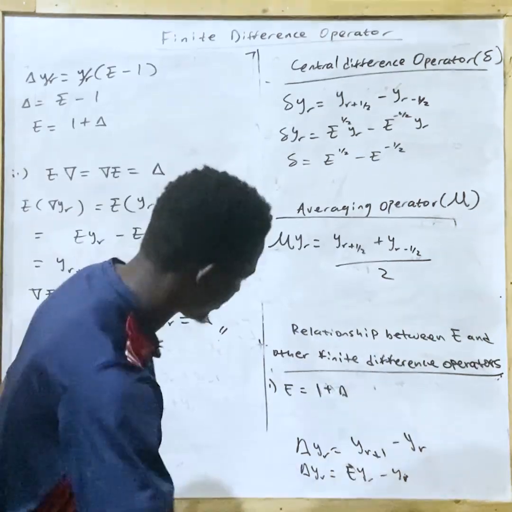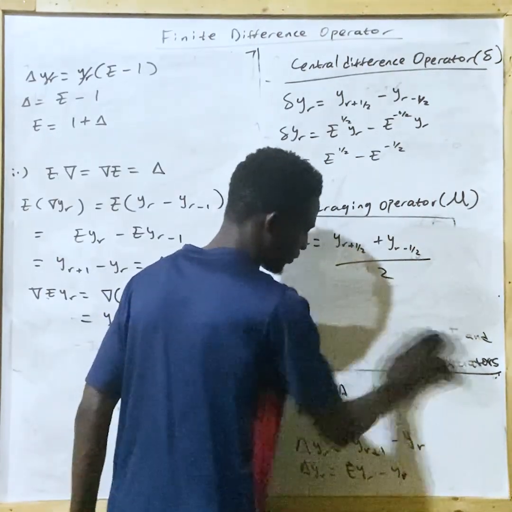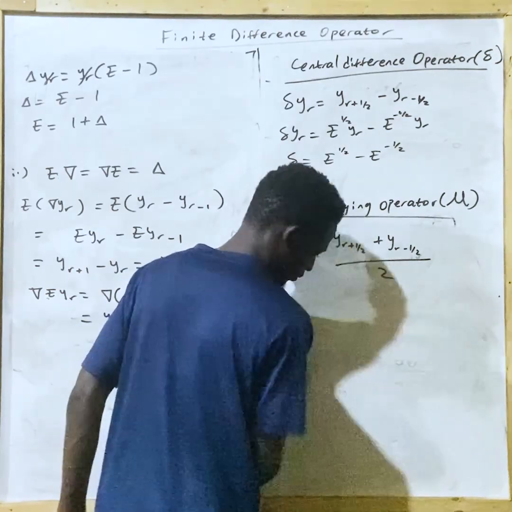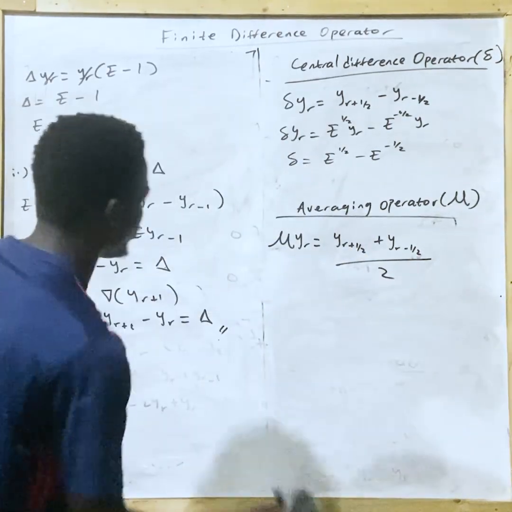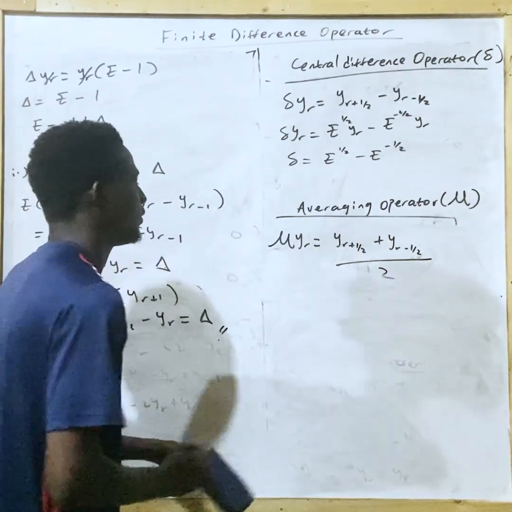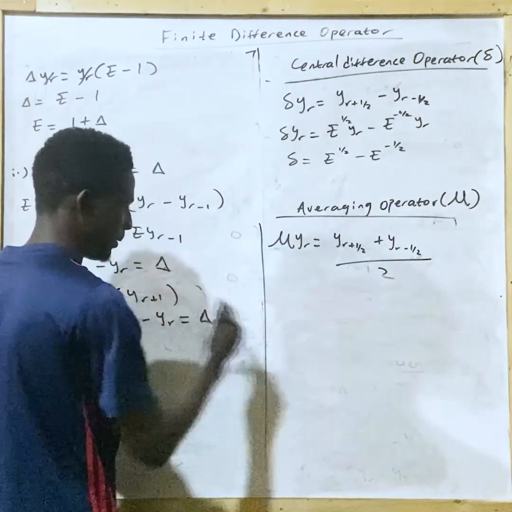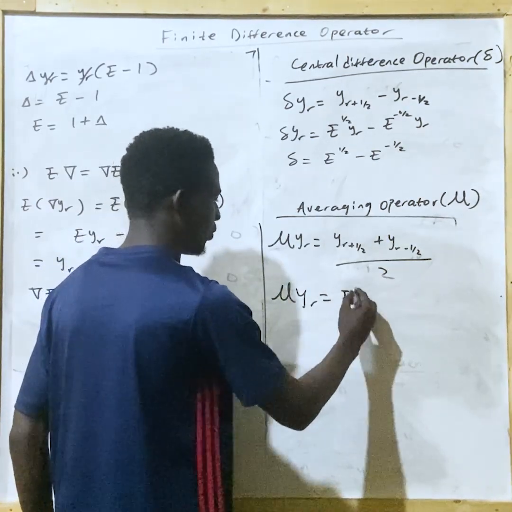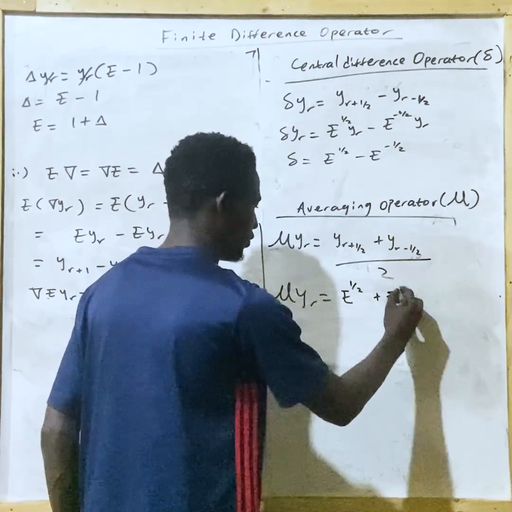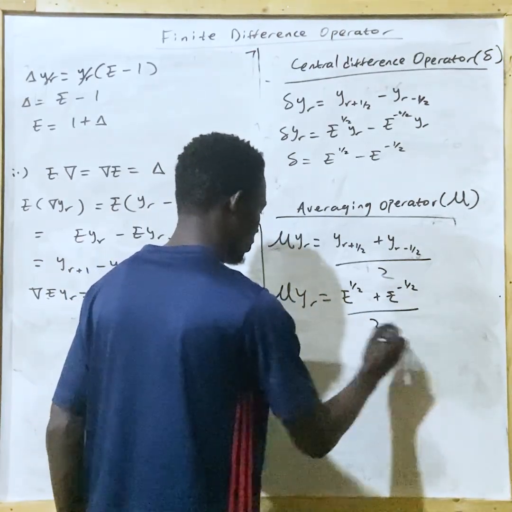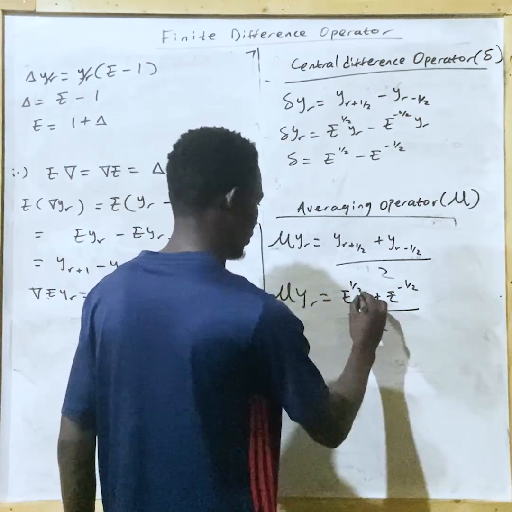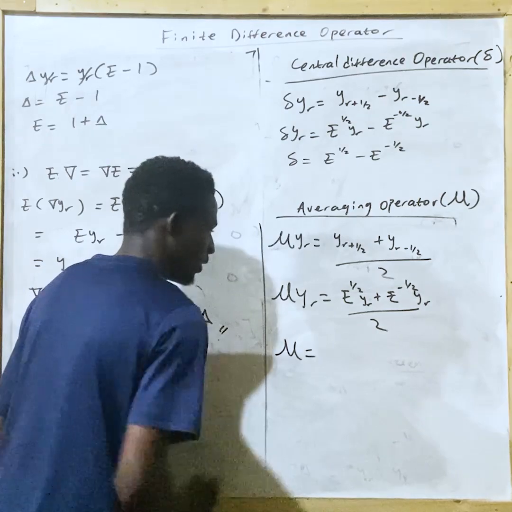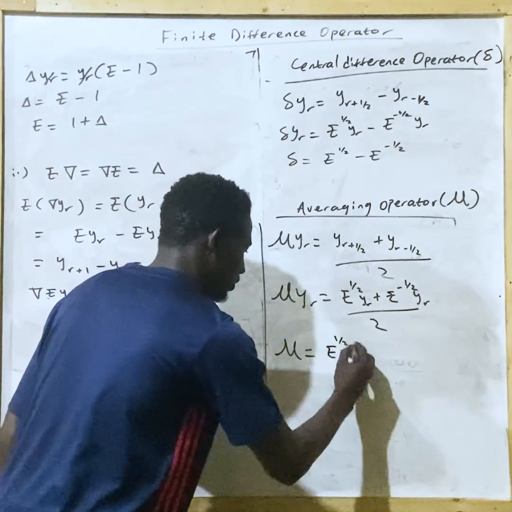Relating this to my shift operator, I have the averaging operator μ y_r equals (E raised to power 1 over 2 plus E raised to power minus 1 over 2) over 2. Which means the averaging operator is equal to this.